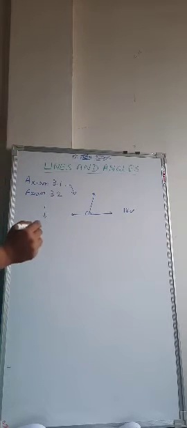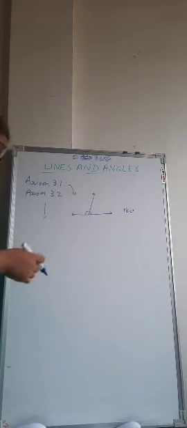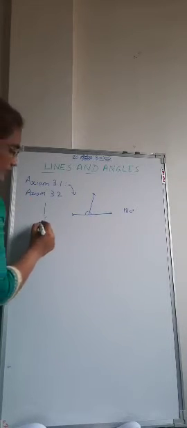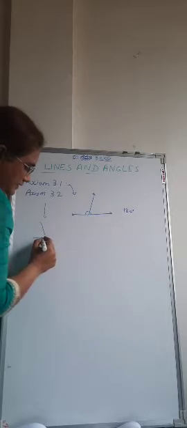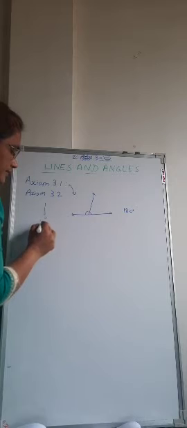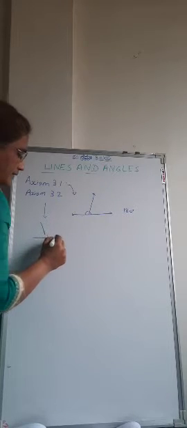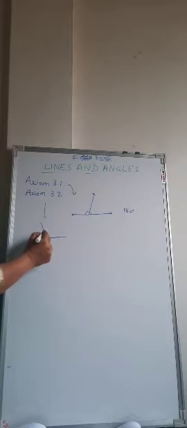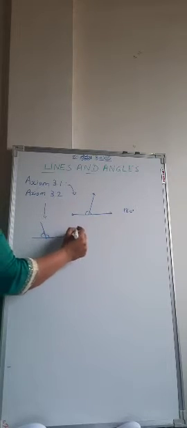What does it say? Axiom 3.2 says, the converse of this: if the sum of the two adjacent angles is 180 degrees, then the non-common arms of the angles form a line. This angle is something and this angle is also something. If we add them, we get 180 degrees.